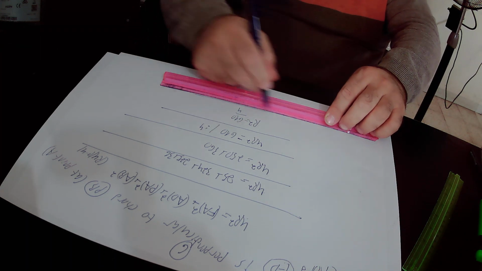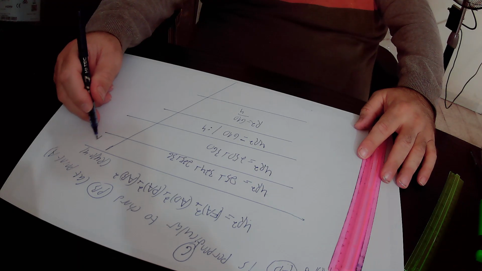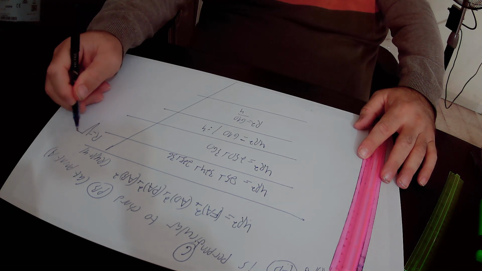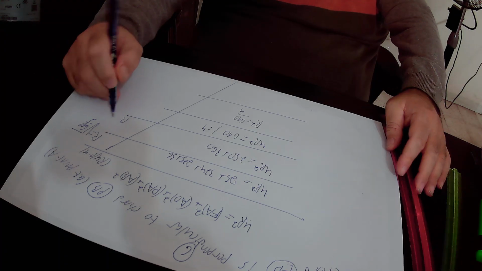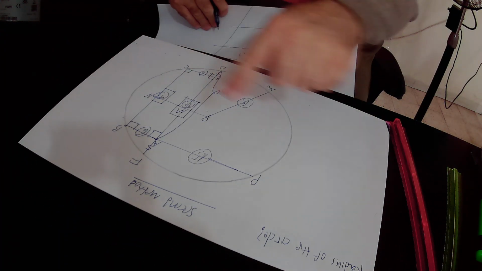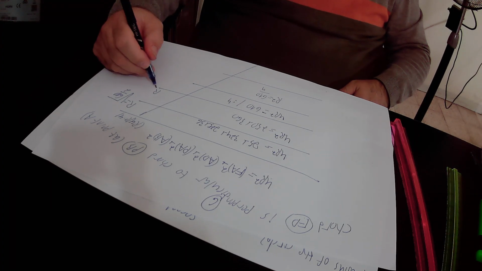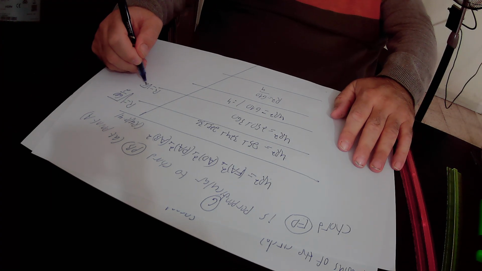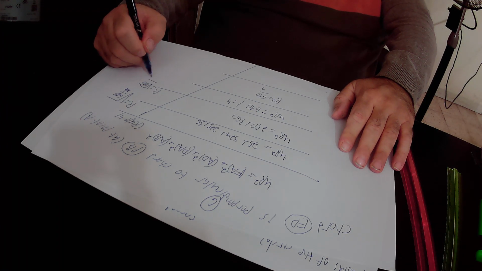Here we take a root of this equation and we get that R equals the square root of 610 over 4. That is to say R, the radius of this circle, the radius that we are looking for, is equal to the square root of 610 over the square root of 4, which is 2.